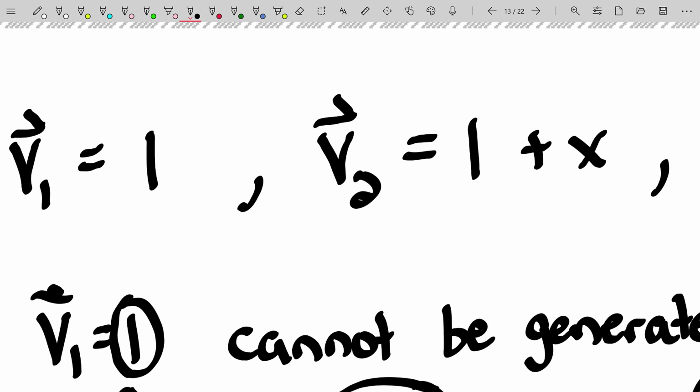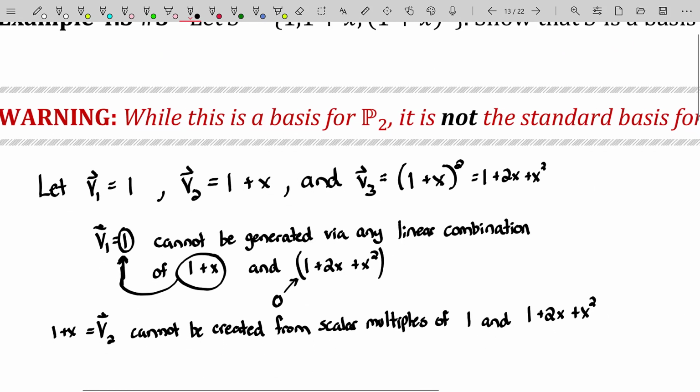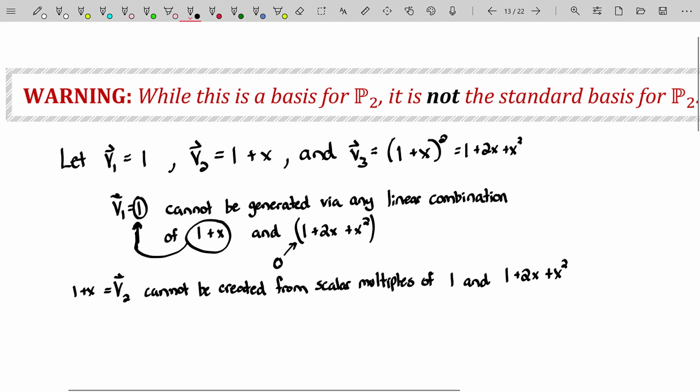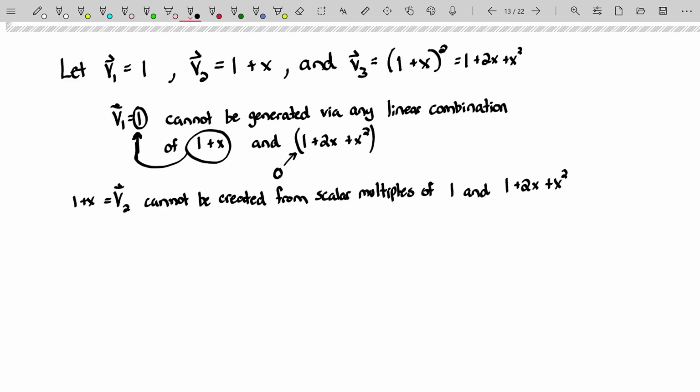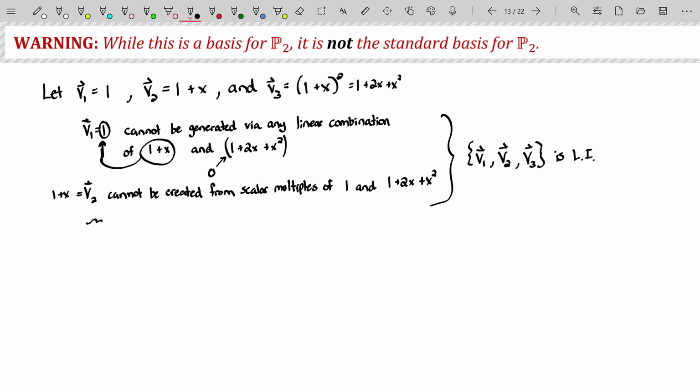Any multiple of V1 and V2 added up will never give you an x squared term. So that's out of the realm of possibility to create a linear combination of V1 and V2 becoming V3. It just can't happen. So because of those three conditions, the set V1, V2, V3 is linearly independent.